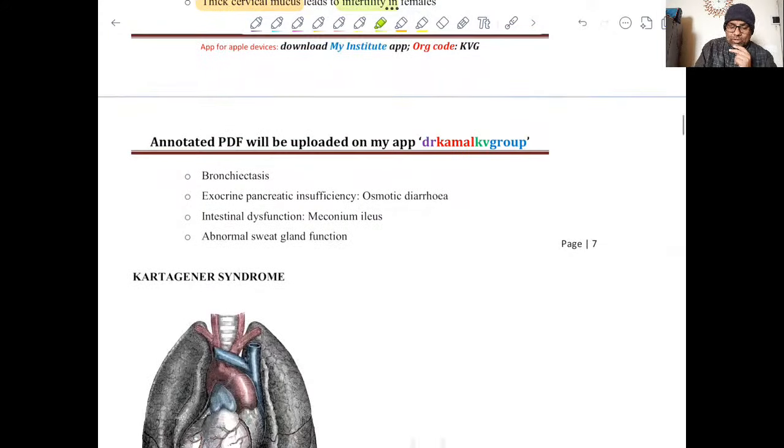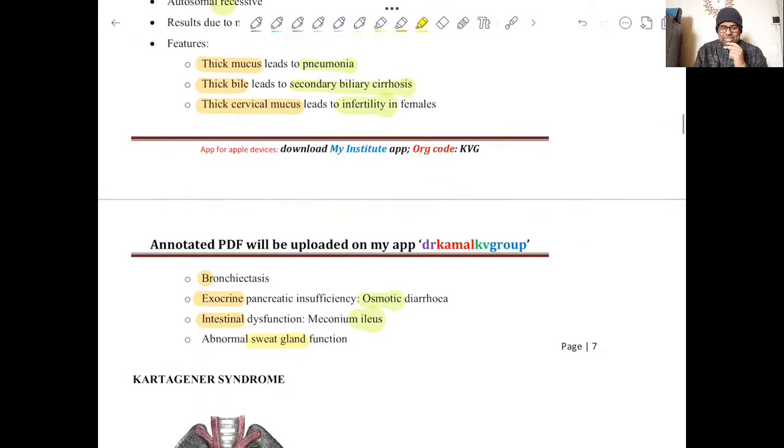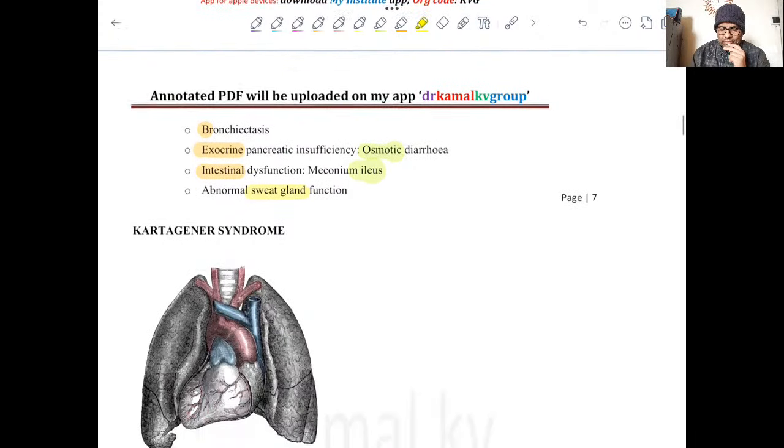Then because of this there can be bronchiectasis, and there is exocrine pancreatic insufficiency which will lead to osmotic diarrhea. Then there is intestinal dysfunction in the form of meconium ileus, and also we see abnormal sweat gland function. So you can see cystic fibrosis is a very multi-organ kind of disease.